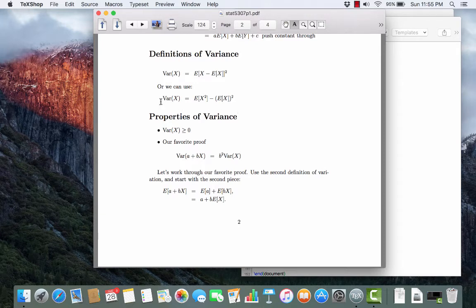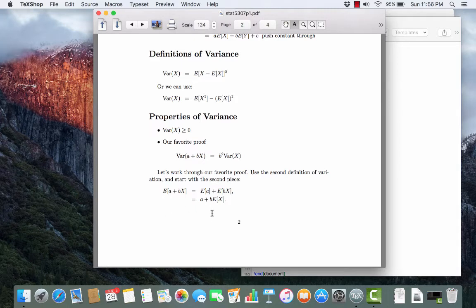Okay? And I attacked it by doing the second piece first. I did the expected value of a plus bx. So I know that's going to be E of a plus E of bx, and that's going to give me a plus b times E of x. So that's the expected value of a plus bx.